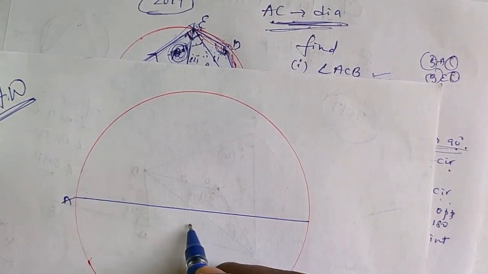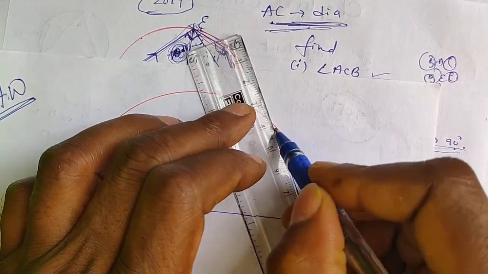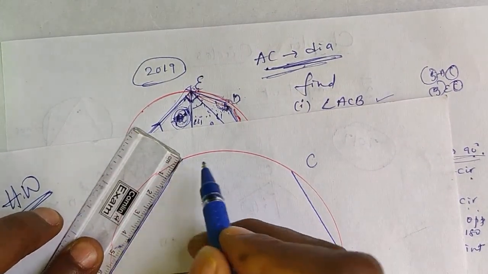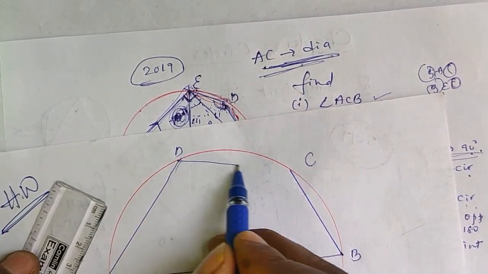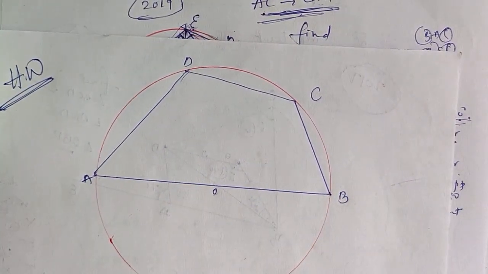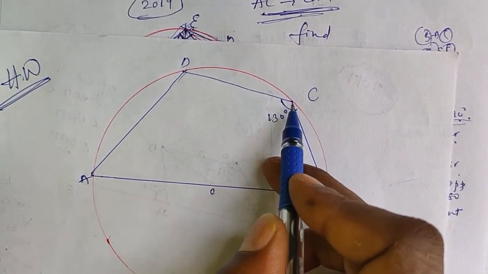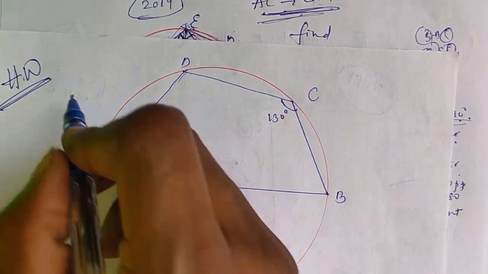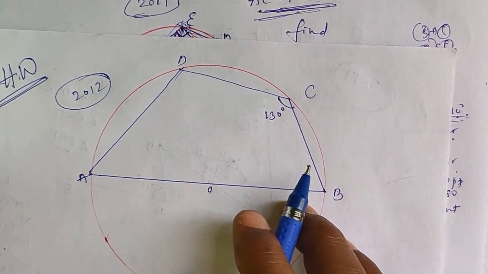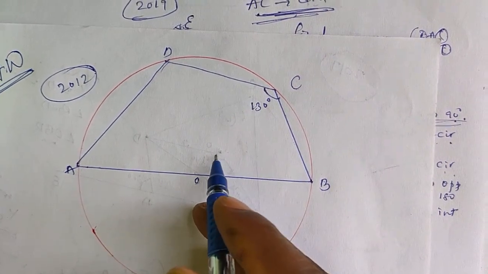One is AB the diameter, with C, here D, and this fourth point joined. A circle with center O, and the C angle is 130 degree given. It was a 2012 paper question. This is a very simple diagram. Try to solve it. I can get this problem solved.